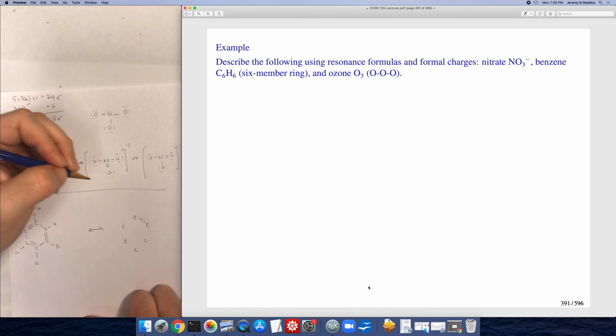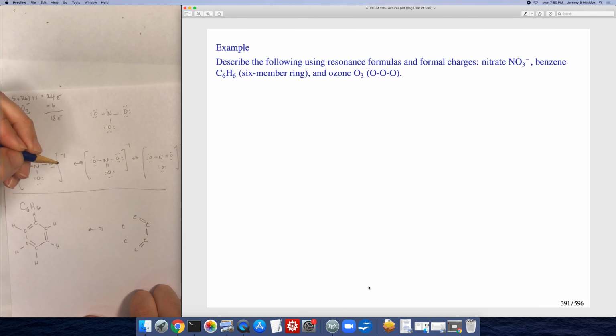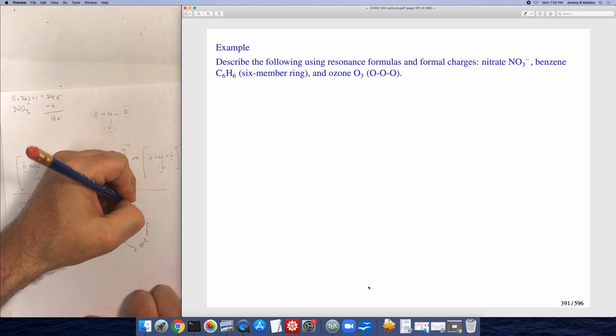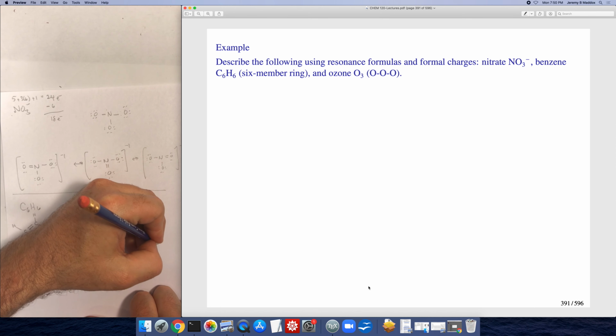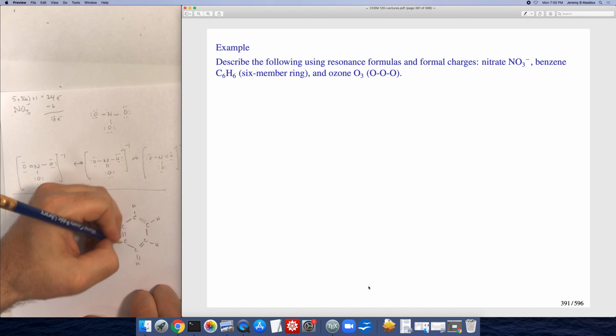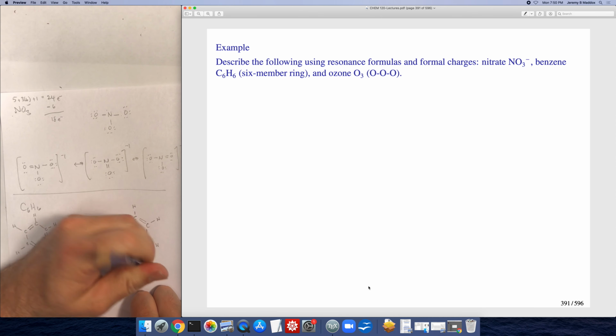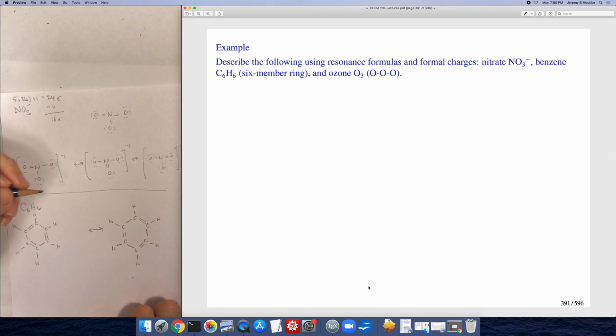And so here I'll put the double bond there, and a double bond there. We still have the single bonds to the hydrogens. So benzene does not consist of 3 single bonds and 3 double bonds. Really, all of the carbon-carbon bonds are in between a single bond and a double bond.